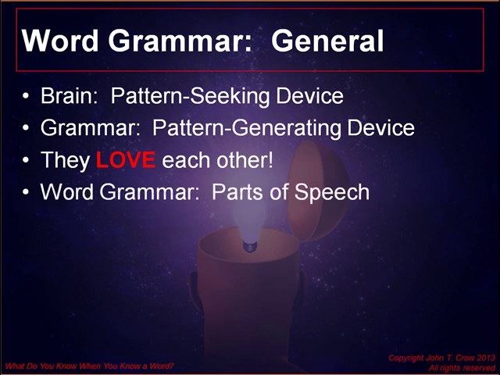Part of what you know when you know word grammar is the parts of speech of every word that you use or read or hear. Your conscious brain may not know much about parts of speech, but I guarantee you that your speaking brain knows them very well. Every sentence, every phrase that you see, hear, write, or read, your speaking brain knows the parts of speech.